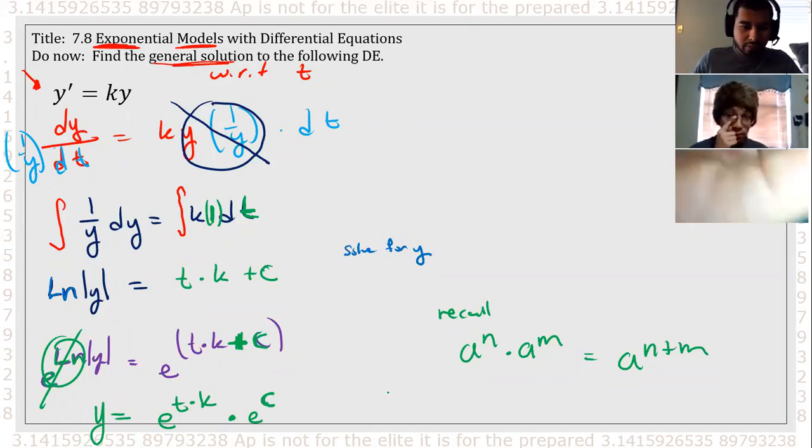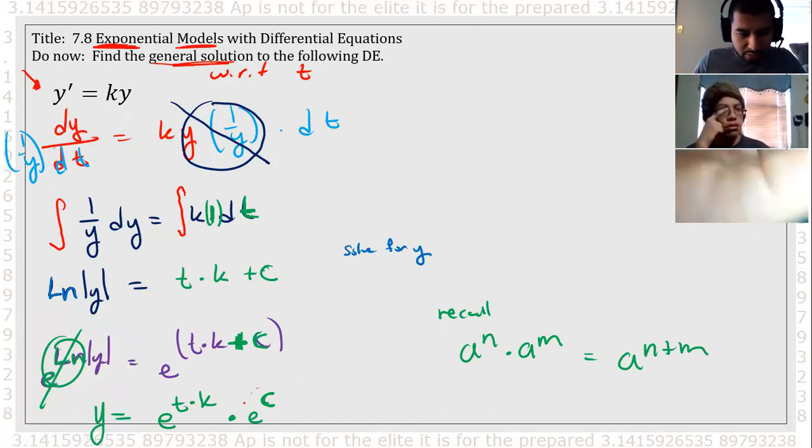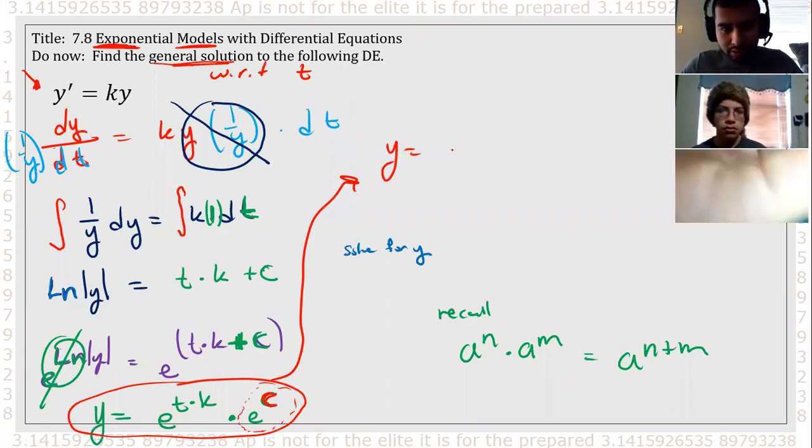So you're probably thinking, why did I do that? This is very similar to our homeworks. No matter what I do to this c, whether I multiply, add, subtract, or divide it, it's still going to be c. So all of this is the same thing as saying y equals e^(tk) and this e^c, no matter what it is, it's still a number, so times c.